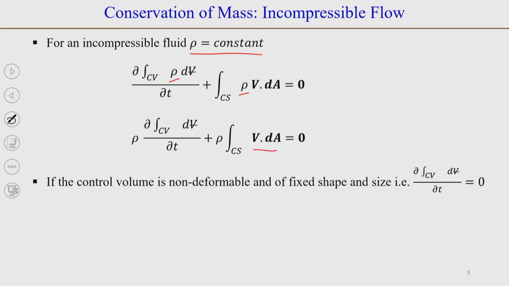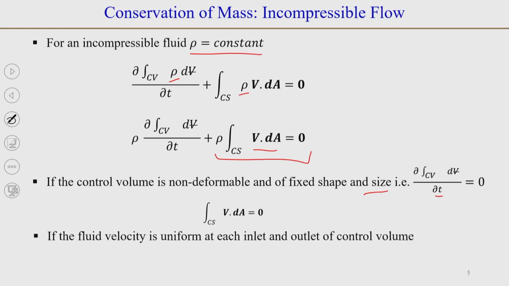Now, if the control volume does not deform, so if the volume of the control volume does not change, if it is a rigid volume, then del by del t of the control volume will be 0 if the shape and size are fixed. Then you end up with only one term on the left hand side: the integral over the control surface of V dot dA is equal to 0.